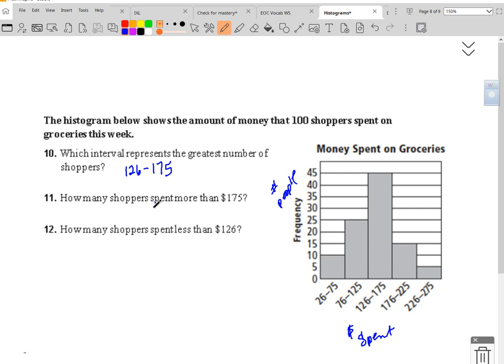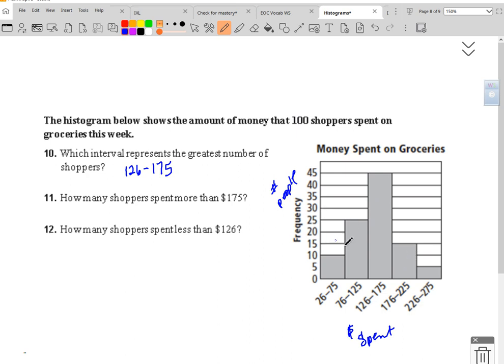How many shoppers spent more than 175? So this one takes some thought before you answer me. 20. How'd you get 20? 176 to 225, that's 15 right there.